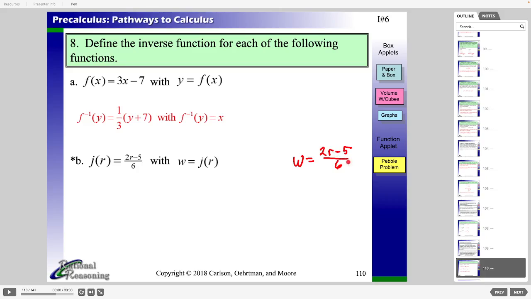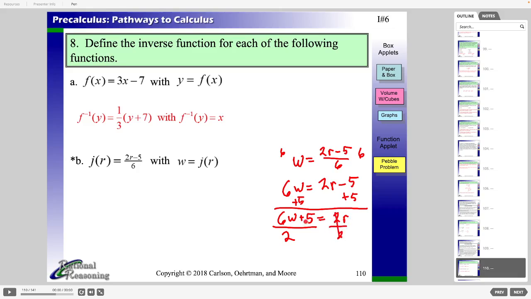We want to solve for r, so we multiply both sides by 6. 6w equals 2r minus 5. We'll add 5 to both sides. 6w plus 5 equals 2r, and then divide both sides by 2. So r equals this. This is the inverse function.